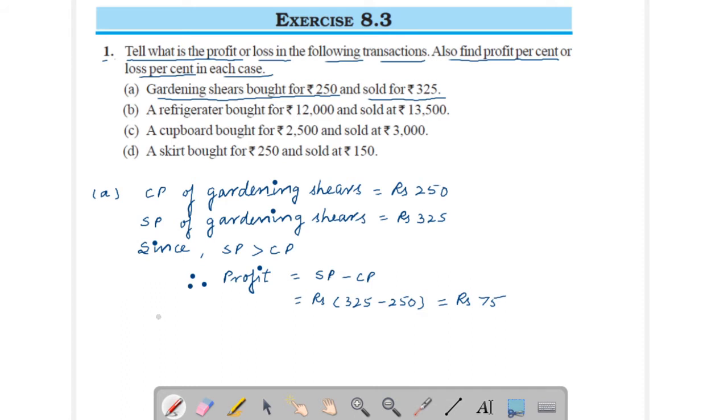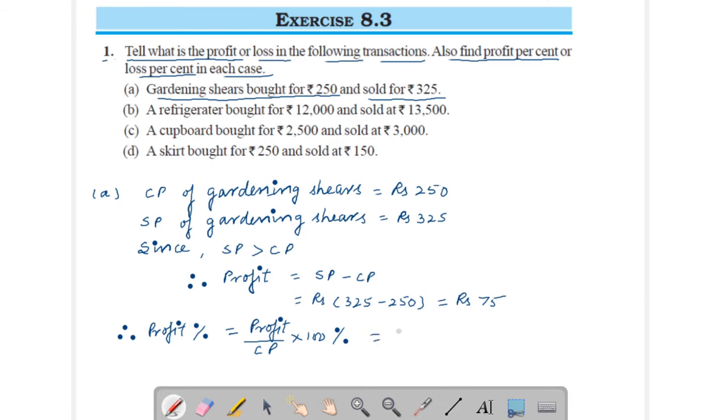Now you have to find out profit percent. Therefore profit percent is given by profit upon CP into 100%. Put the values.